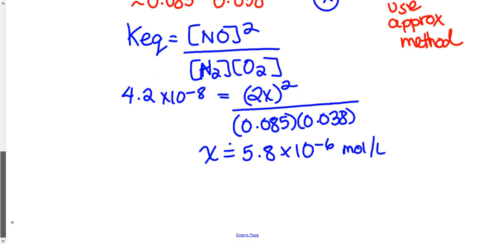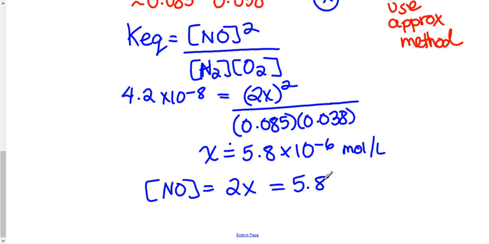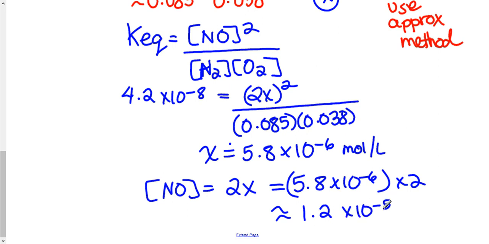Again, don't forget to do that at the end. I know a lot of people in math tend to stop with x, but here, make sure you go back and relate it to the problem. So 5.8 times 10 to the negative 6, we need to multiply that by 2. And that gives you about 1.2 times 10 to the negative 5 moles per liter.